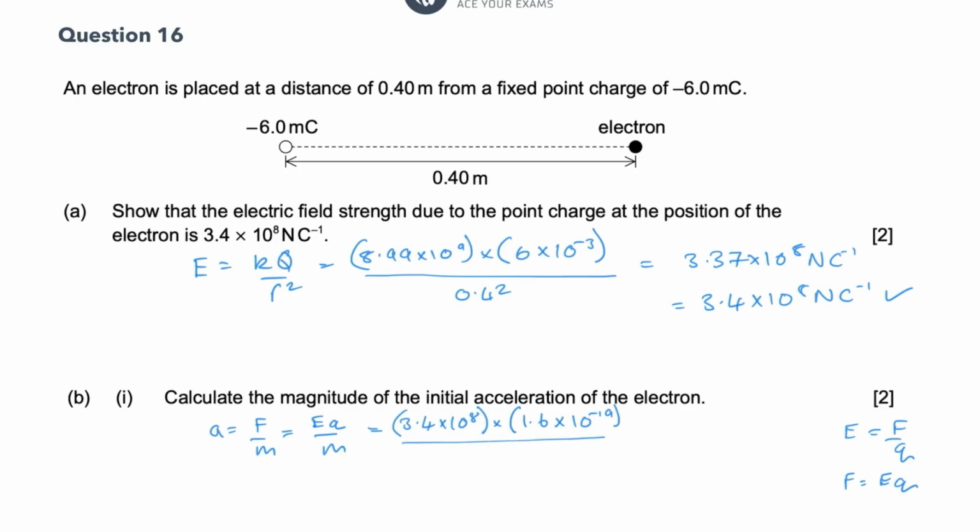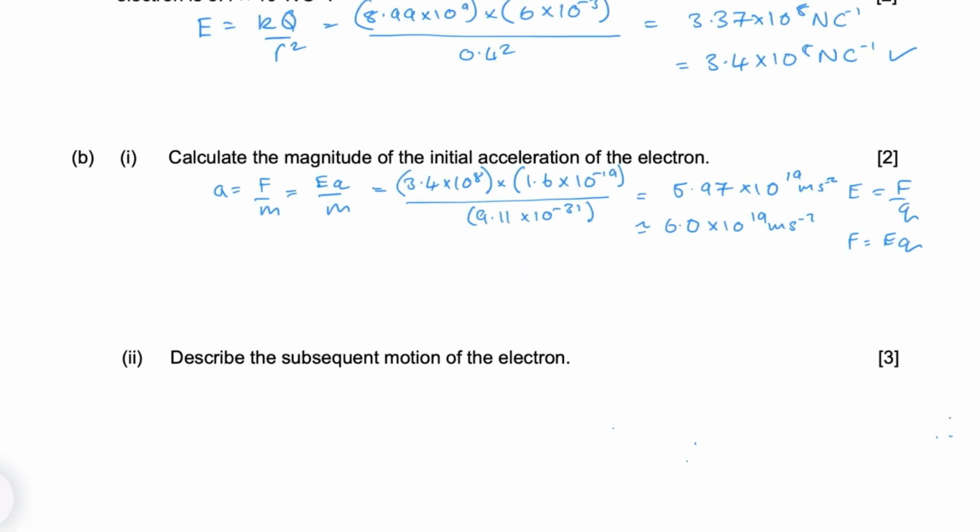The mass of an electron is 9.11 times 10 to the -31. Find that from the data booklet. And that gives us an answer of 5.97 times 10 to the 19 metres per second squared. I think that's a bit too many significant figures, so we're going to do 6.0 times 10 to the 19 metres per second squared.